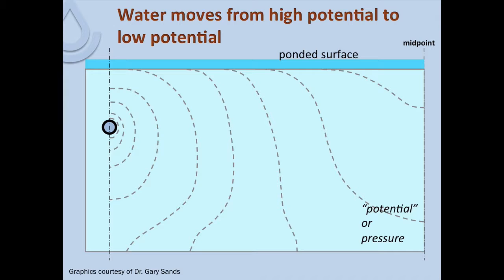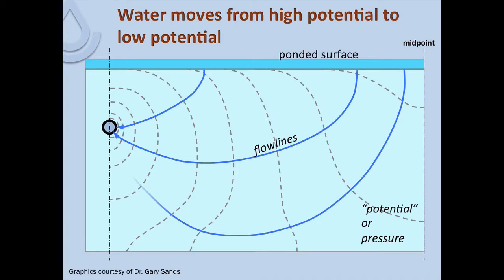Water will now flow following that pressure gradient from high pressure to low pressure, or high potential to low potential, and those flow lines will flow perpendicular to those lines of equal pressure. We can see that as we move away from the drains, the water is flowing down and then up into the drain, following those pressure gradients and flowing perpendicular to those equal pressure lines.